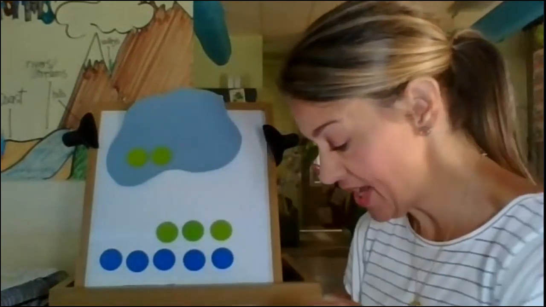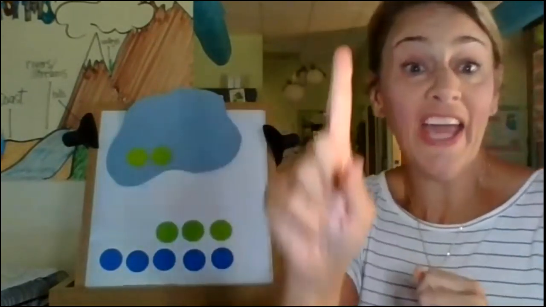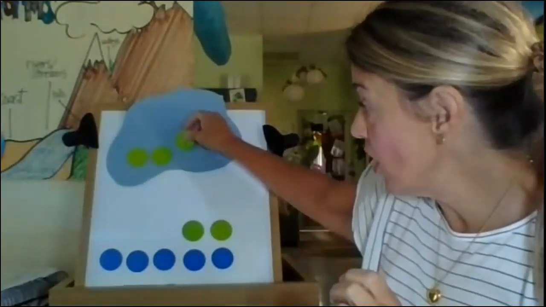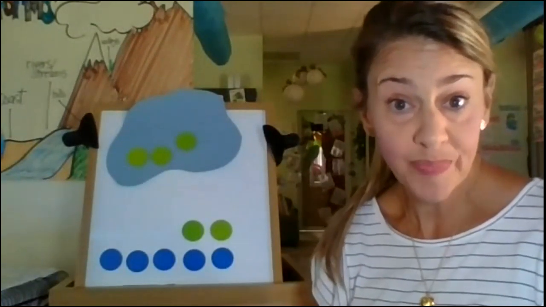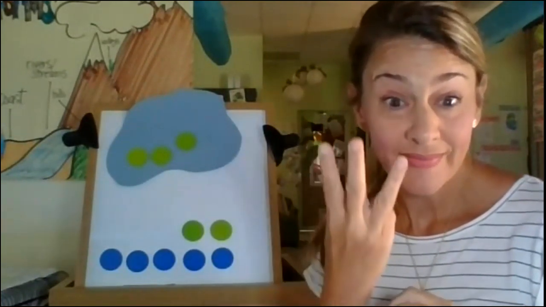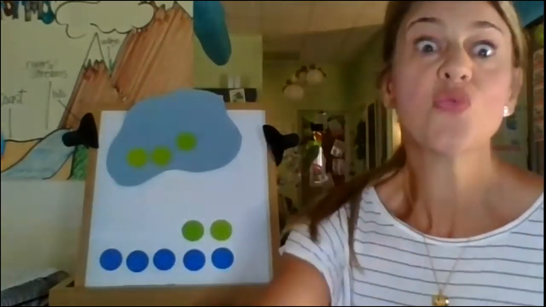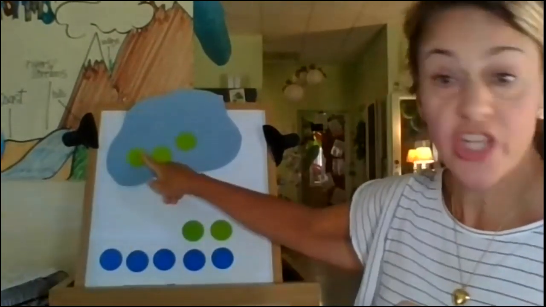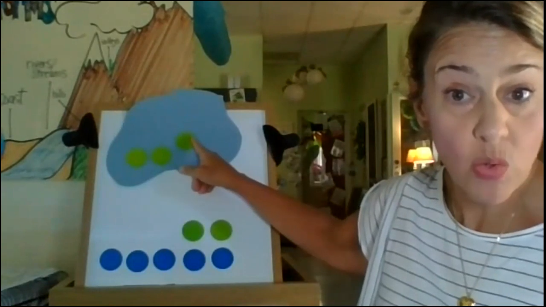Very good. Oh, now we're going to add one more dinosaur who got thirsty to the watering hole. How many dinosaurs are in our watering hole now? 3. 2 and 1 more equals 3.